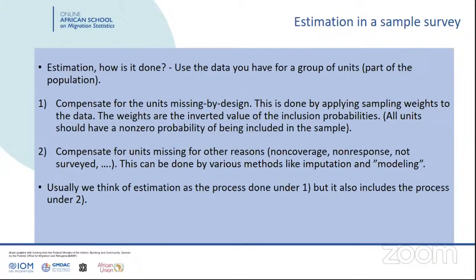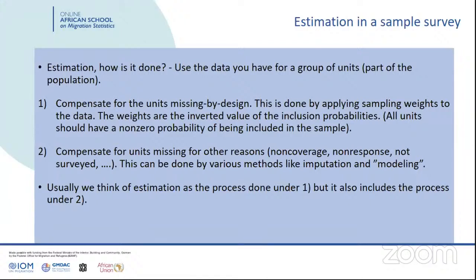But then we have to compensate also for other missing units for other reasons: non-coverage, non-response, not surveyed, and so on. And for those missing units or data, we have to use other methods like imputation and modeling or calibration.